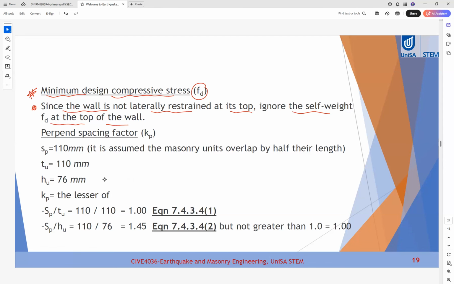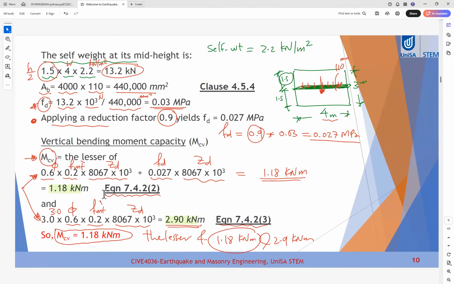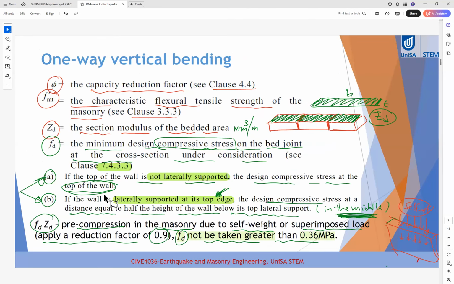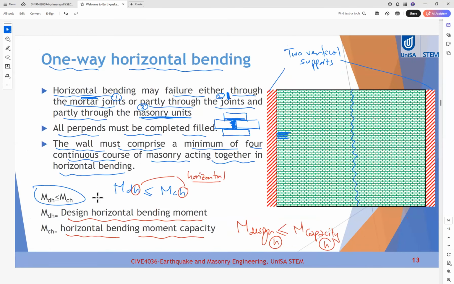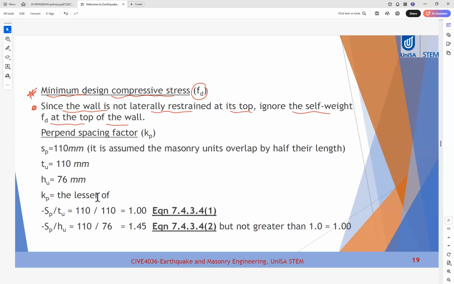If you remember, going back to the explanation, FD is the minimum design compressive strength. We have two cases. If the top of the wall is not laterally supported, the design takes the design compressive strength at the top of the wall. In this problem we are solving now, our wall is not supported at the top or the bottom. It is only supported at the vertical edges, right?